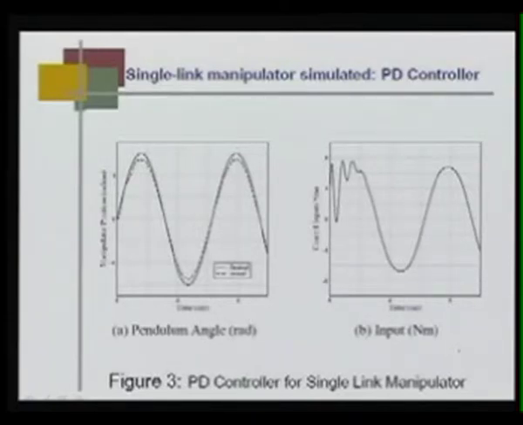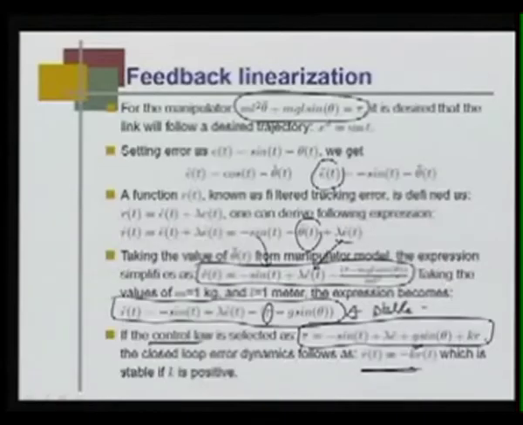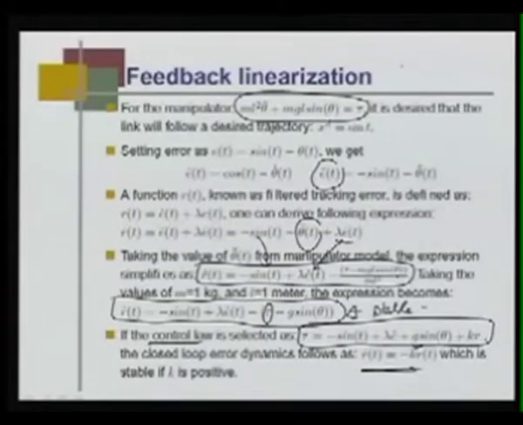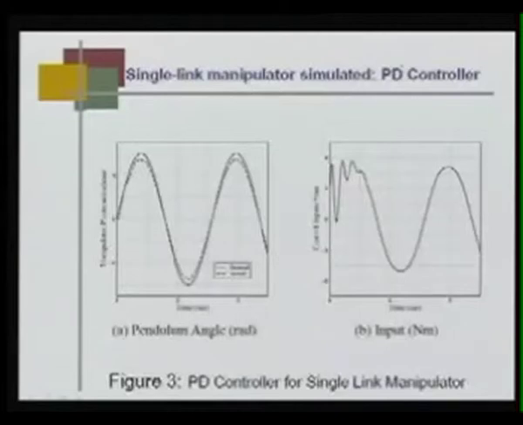So, what we did is a feedback linearization. Before that we did a classical PD controller, and earlier we also implemented a fuzzy controller. Now let us see the performance. For the PD controller, what is the performance? You see that the solid line is my desired and the broken line is the actual.